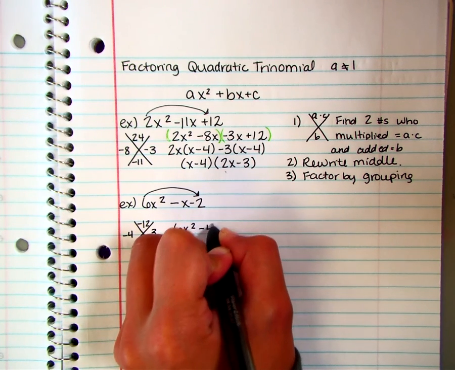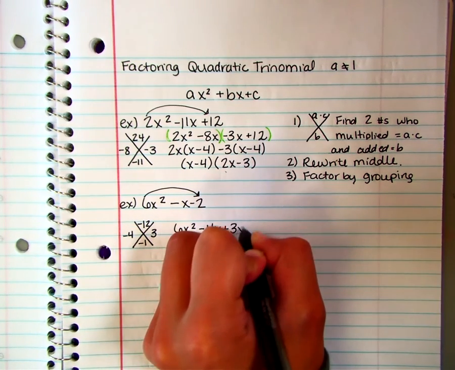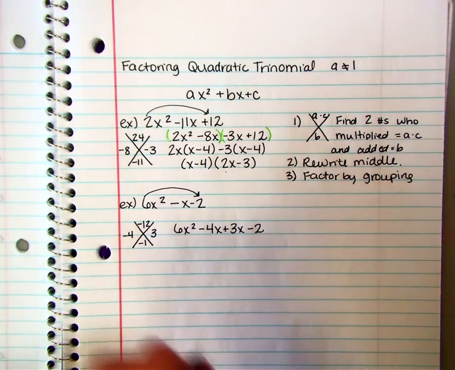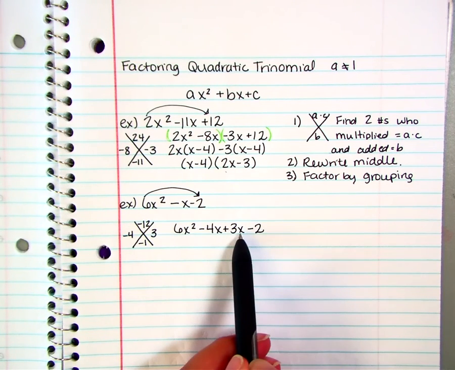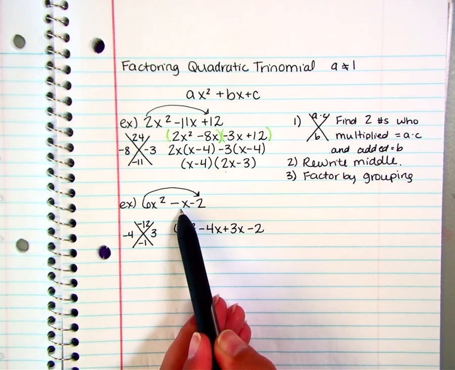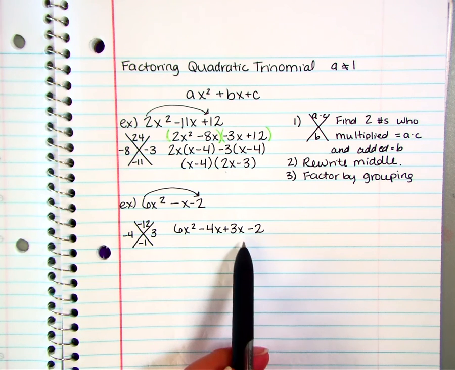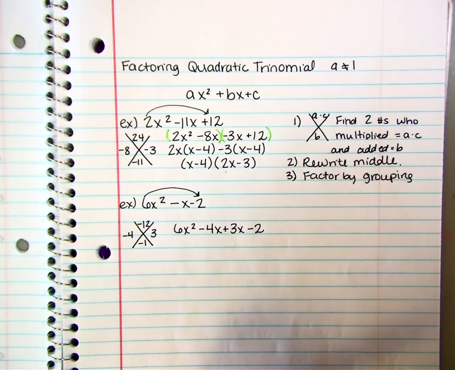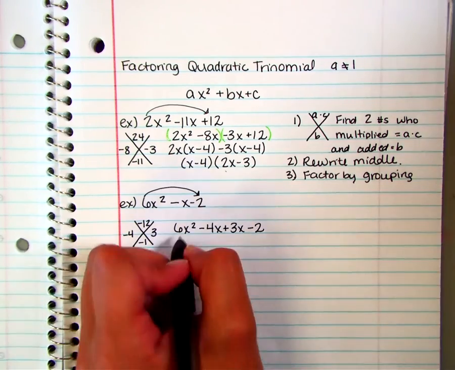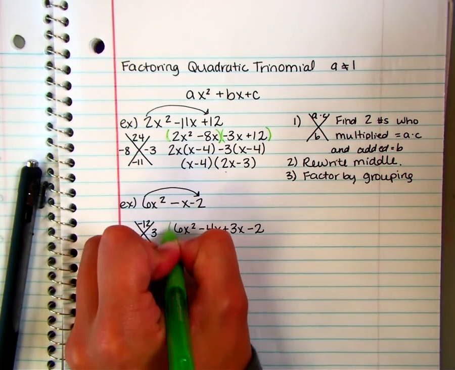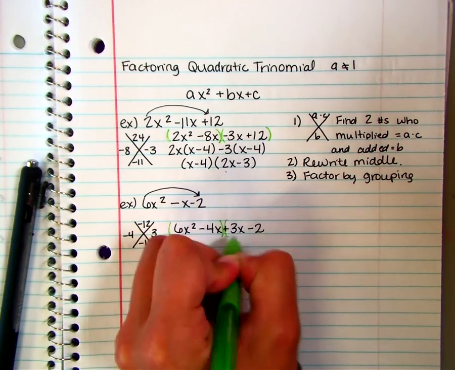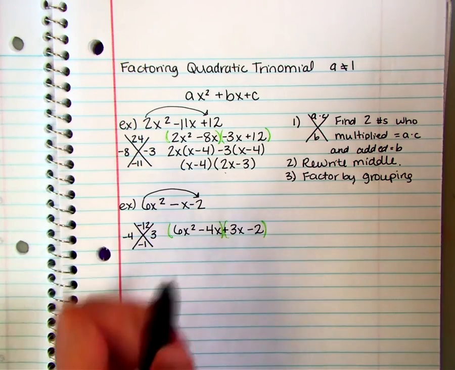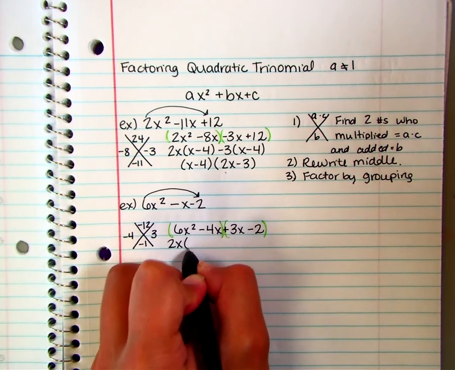So 6x squared minus 4x plus 3x minus 2. Remember, negative 4x plus 3x equals negative 1x, so it's still a true statement. It's still equivalent. We're just mathematically changing it. Then we've got 4 terms, so we're going to factor by grouping. We'll take out our GCF, so we'll take out a 2x.